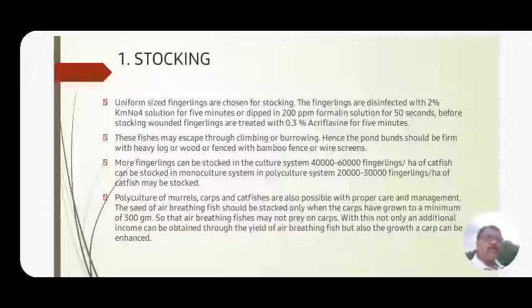When we use polyculture or the mixed culture system, 20,000 to 30,000 fingerlings per hectare are used for stocking.